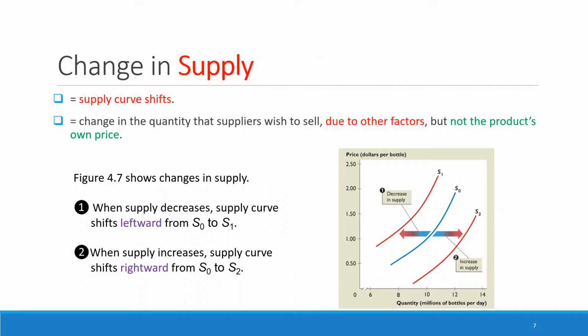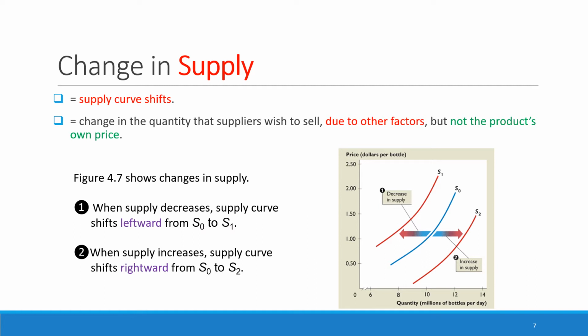Change in supply means supply curve shift. It happens when the existing firms change the quantity of product that they wish to sell due to other factors, but not the product's own price. In figure 4.7, S0 is the current supply curve of bottled water. When production cost for bottled water increases, it is more expensive to produce bottled water.